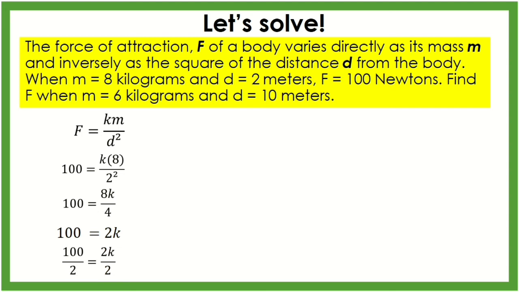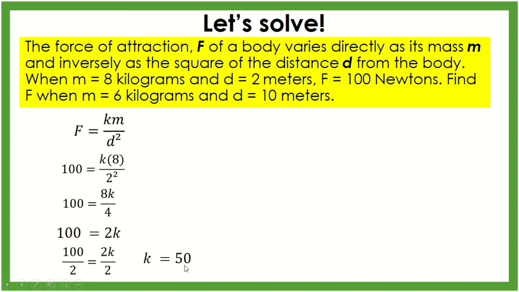We have 100 over 2 equals 2K over 2. K is equal to 50. 100 divided by 2 is 50.